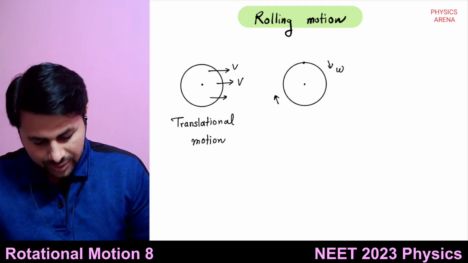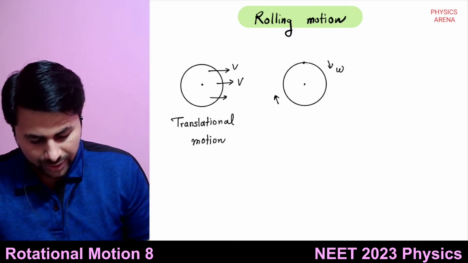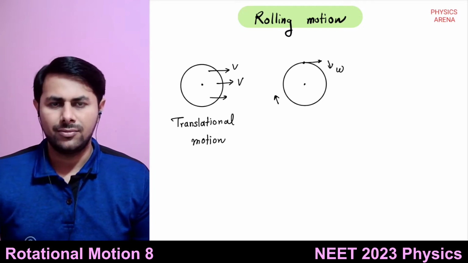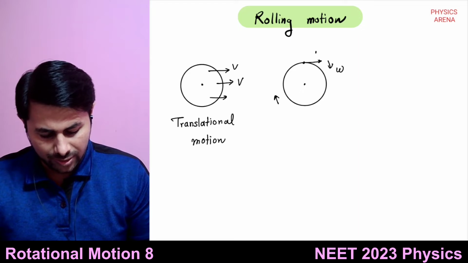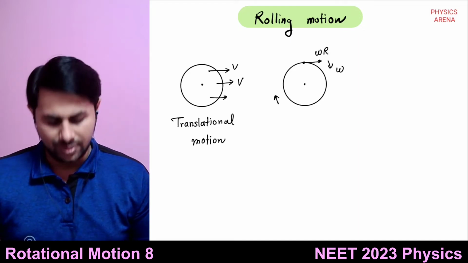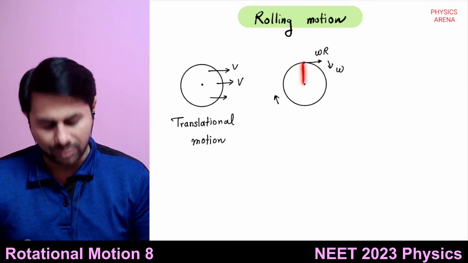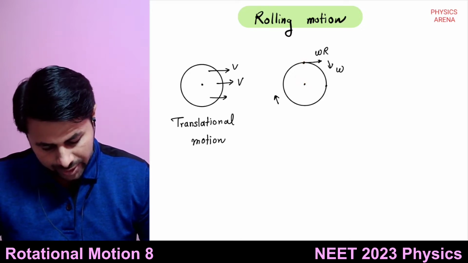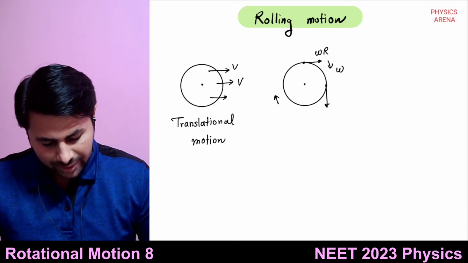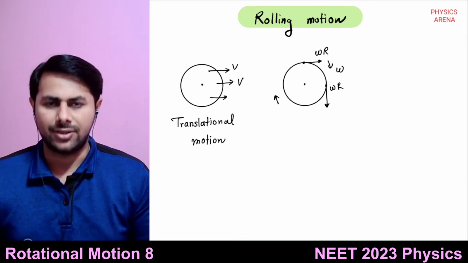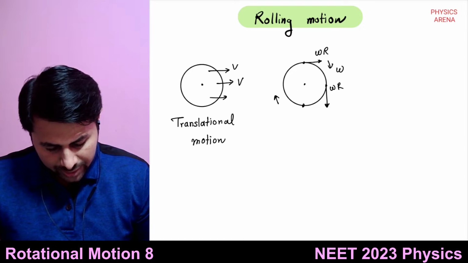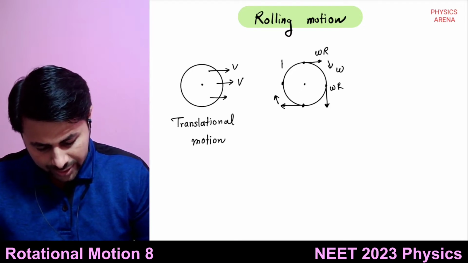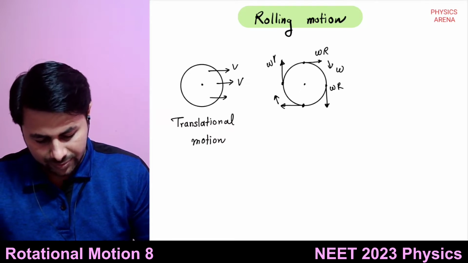So if we consider any particle at the edge, what will be its velocity? Its velocity will be omega times r, omega times the radius of this wheel, right? So for this particle, velocity is omega times r, but it is in this direction. For this particle, it's in this direction, and for the particle at this point, it is in this direction.